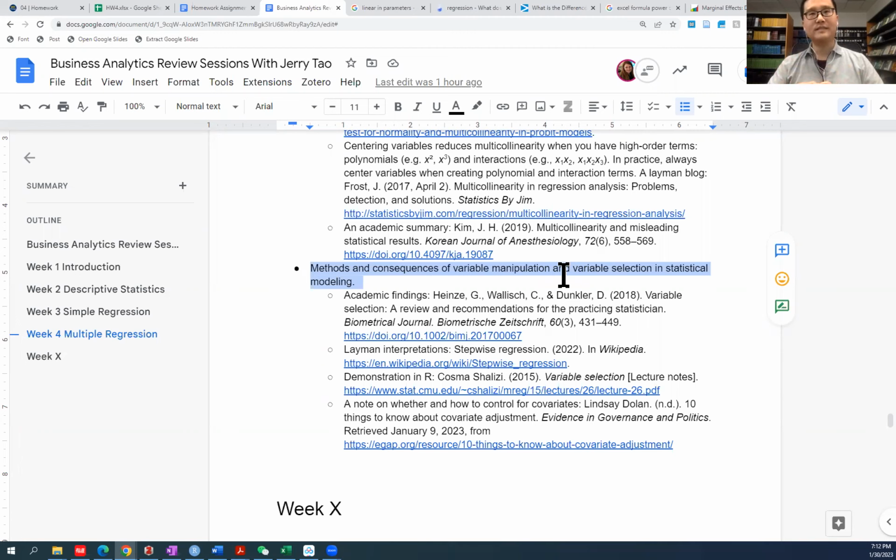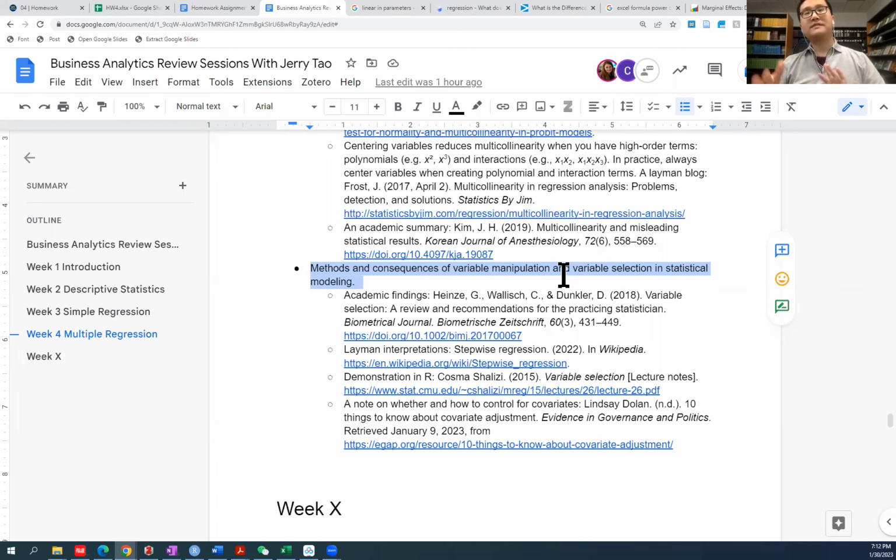For example, that's what we did in problem 2 about predicting life satisfaction out of income, where we transform income from a continuous variable to a categorical variable to represent the low income group and high income group. These are all called variable manipulation.